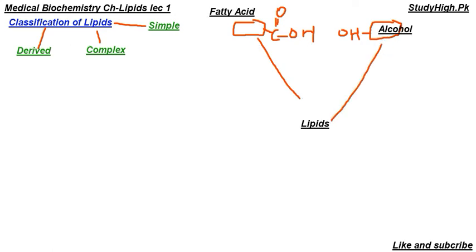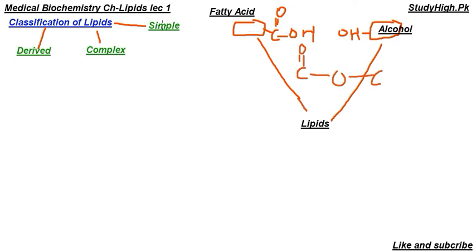So fatty acid and alcohol are the two important components of all types of lipids, whether simple or complex. They combine with each other with the removal of H2O and form an ester linkage between the carbon atoms, C double bond O and another O, and here is a carbon of the alcohol.